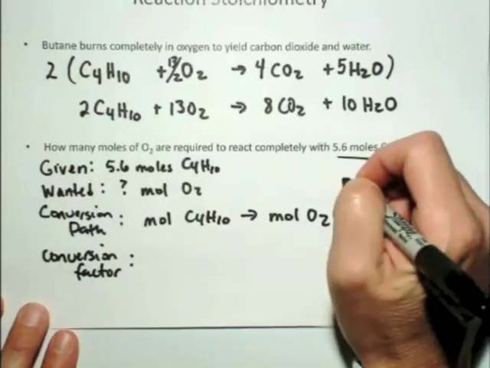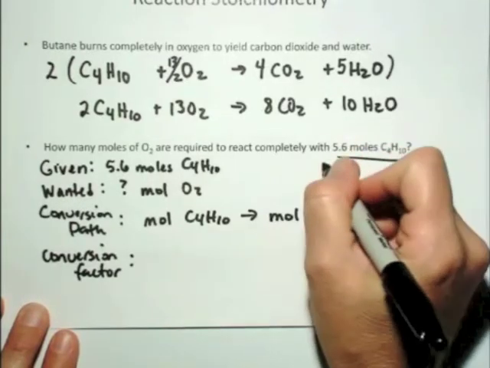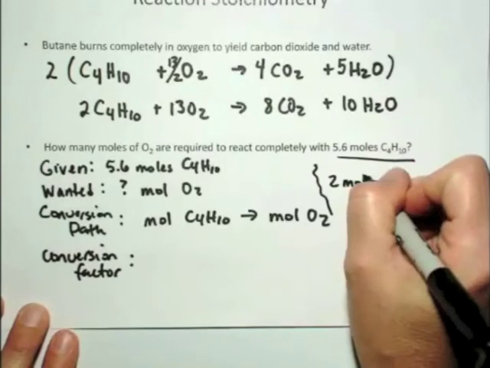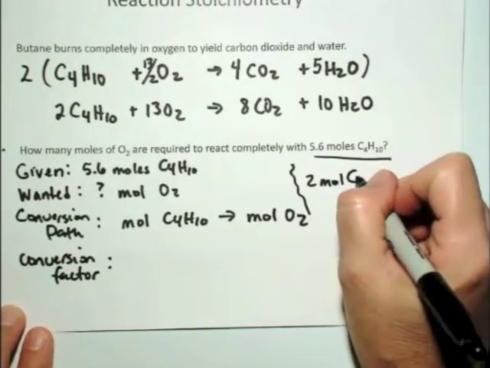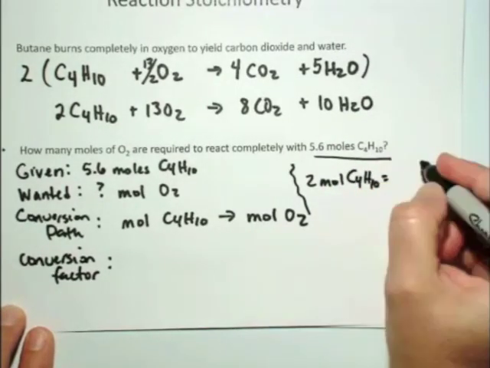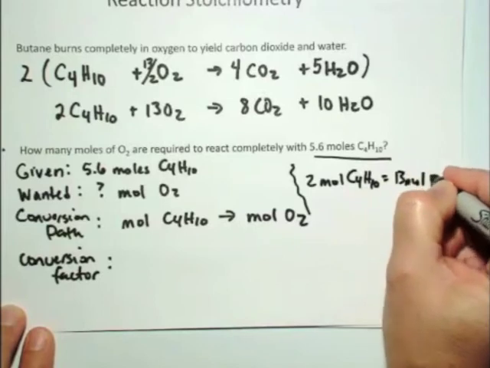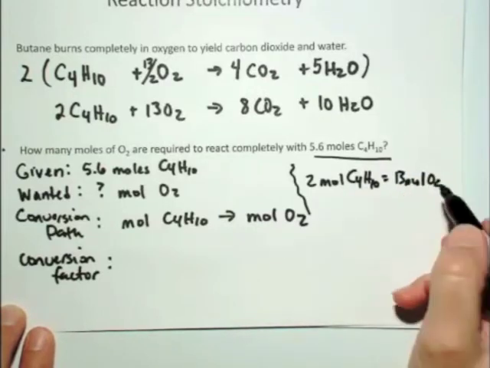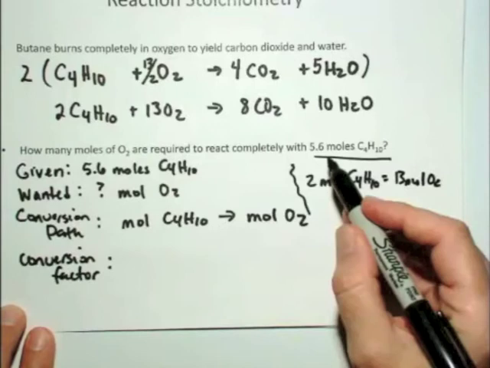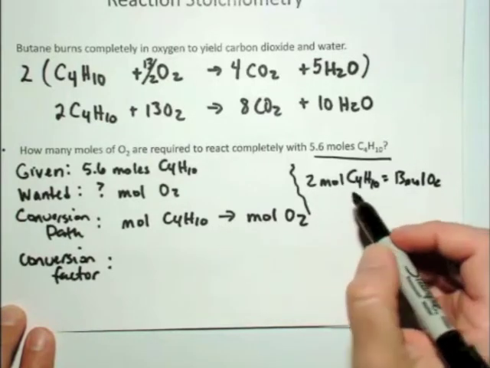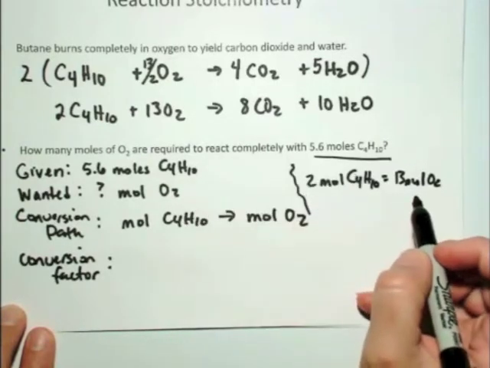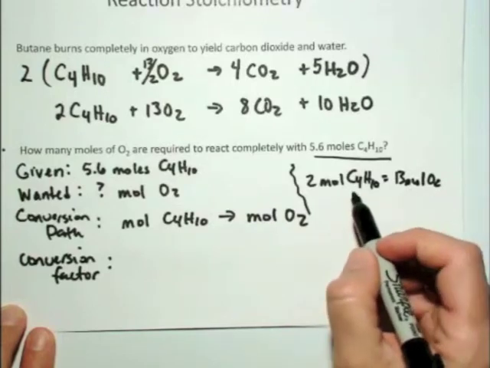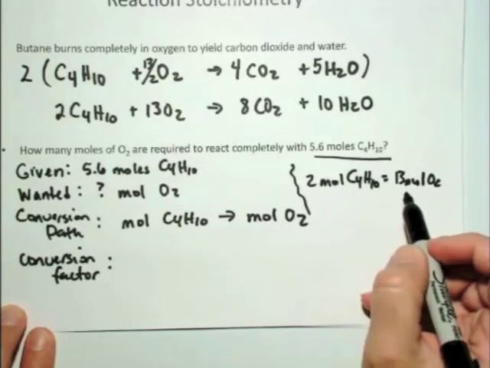So you can actually say, I'm going to do this over at the side here, 2 moles of butane equals 13 moles of oxygen. It's a little equality. It's like a conversion factor. Every time I react 2 moles of butane in this balanced chemical reaction, I'm going to react 13 moles of oxygen. So I can say 2 moles of butane equals 13 moles of oxygen.